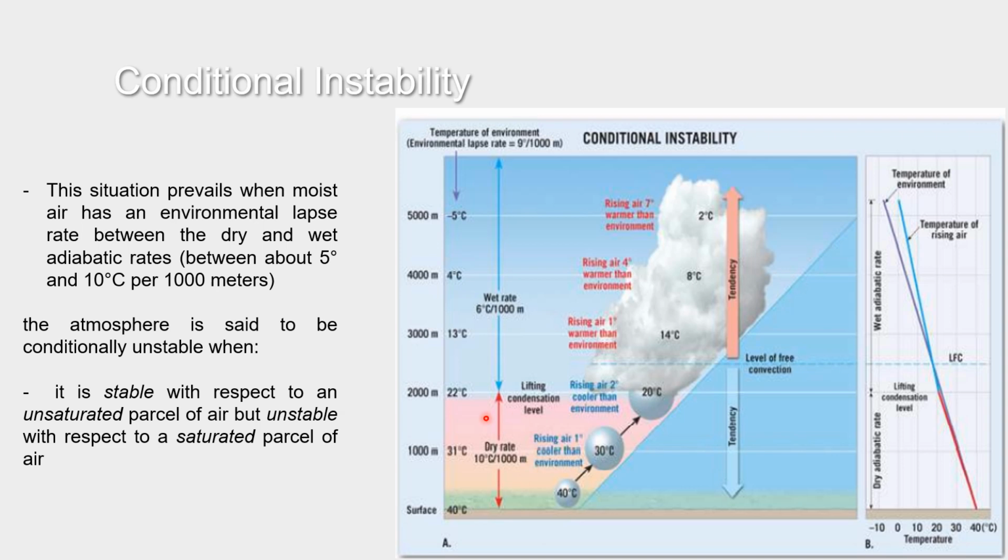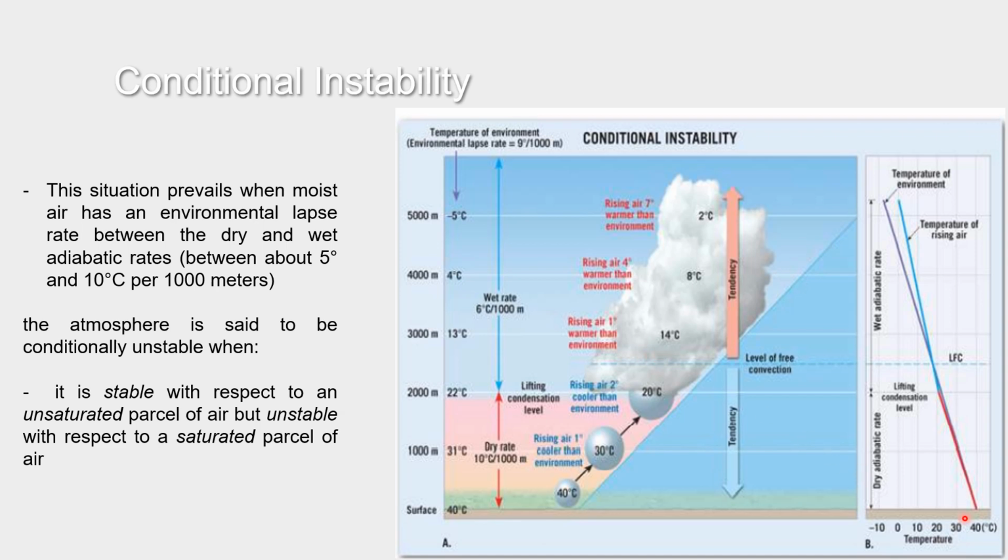The dry rate is 10 degrees Celsius and the wet rate is 9 degrees Celsius. So a parcel of air is cooler than the surrounding air until around this area, 2,500, let's say 2,500 meters.